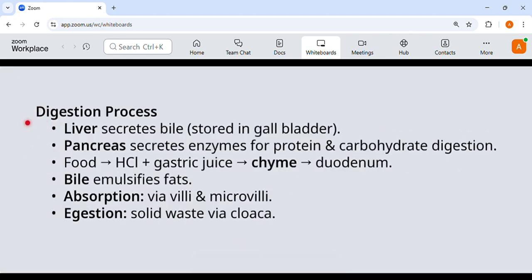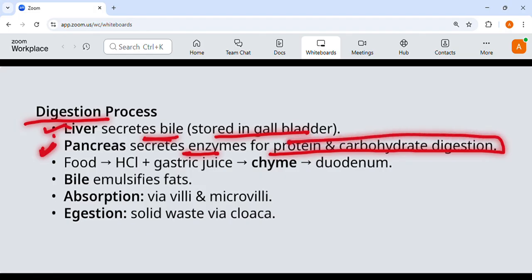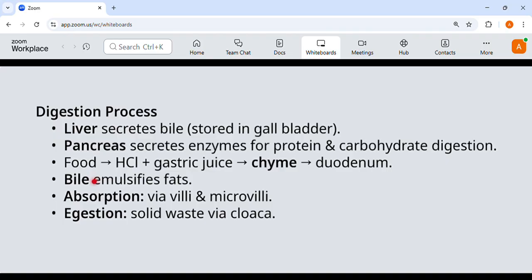So see here, how the digestive process is happening. Liver is going to secrete the bile, which is stored in the gallbladder. Pancreas will be secreting enzymes for protein and carbohydrate digestion. Remember, for protein and carbohydrate digestion, pancreas releases enzymes. So what happens? The food which they are taking, they have the bilobed tongue.